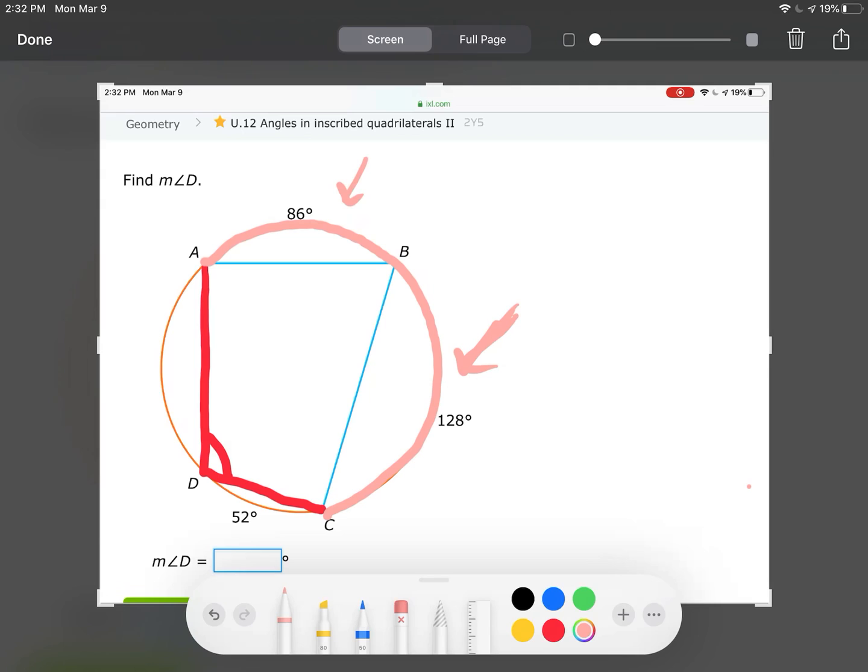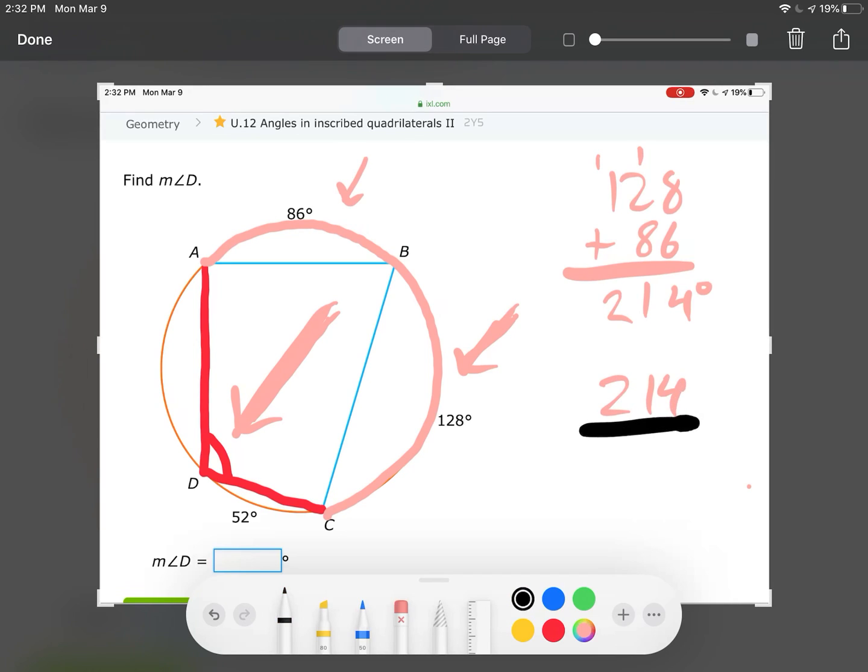So the entire peach arc is 128 plus 86. Here we get a 4, add 1 here, that's 3 plus 8 is 11. So we got 214 degrees is the entire peach arc. And if you want the inscribed angle, the relationship is that it's half as much. So you take 214 divided by 2, and that gives us 107 for the red angle.